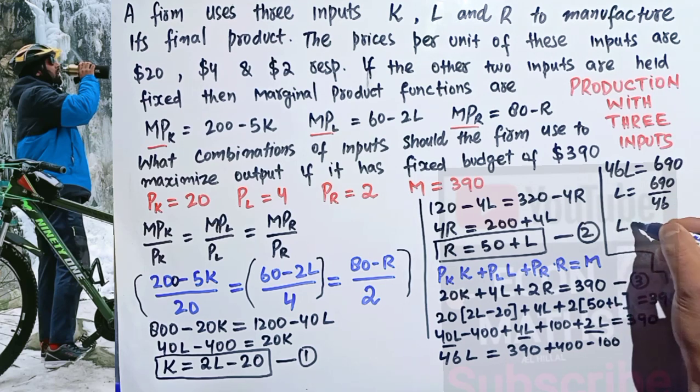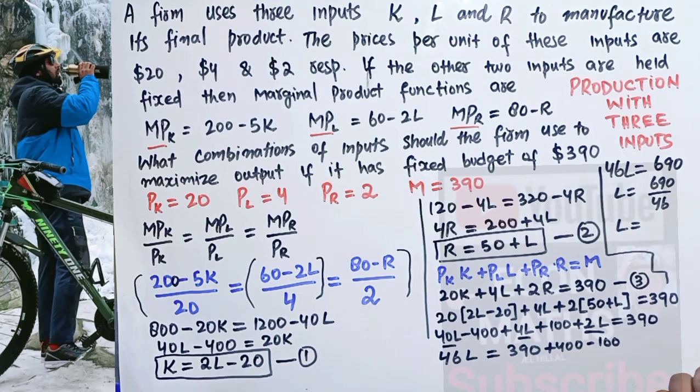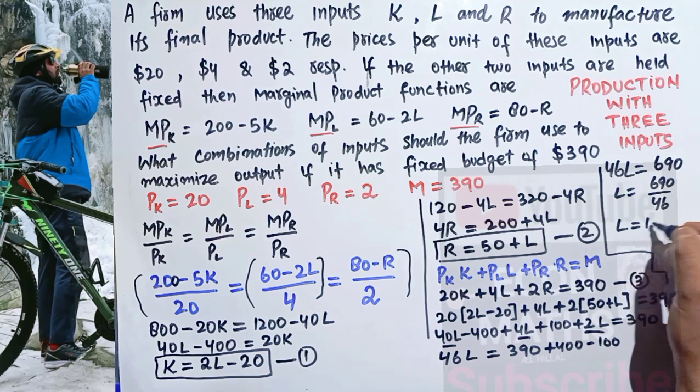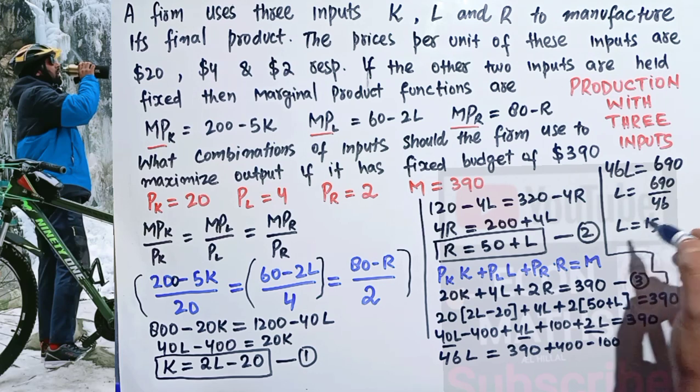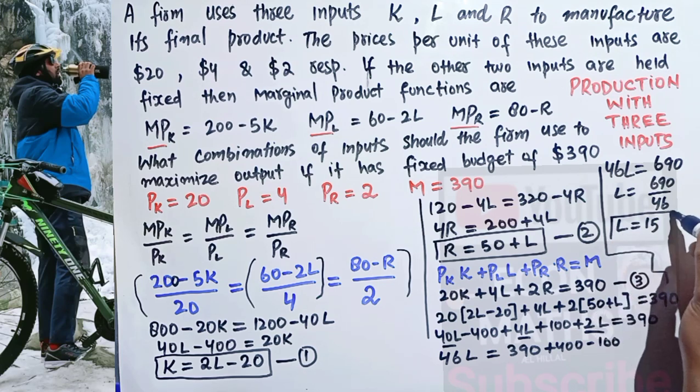I have calculated the value of L, it comes out to be 15. Okay, 690 upon 46 comes out to be 15. That means we need 15 units of labor.